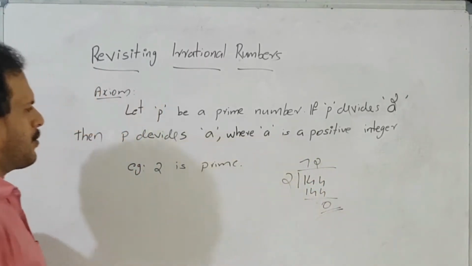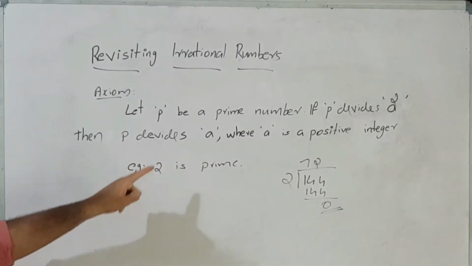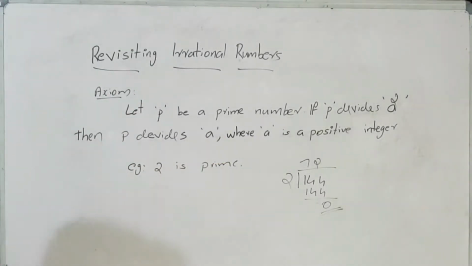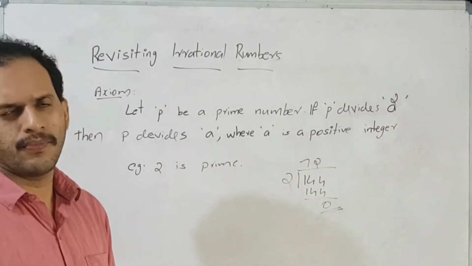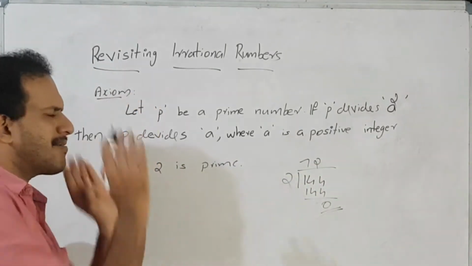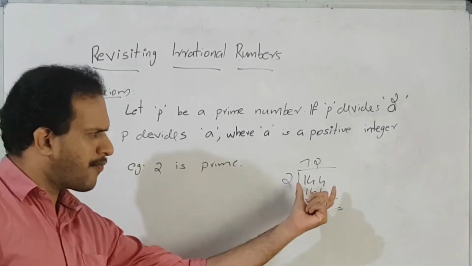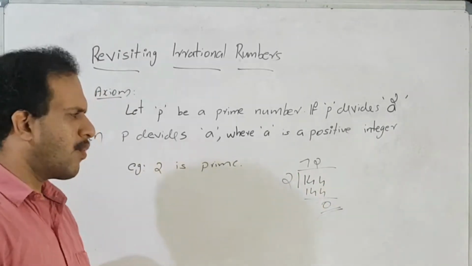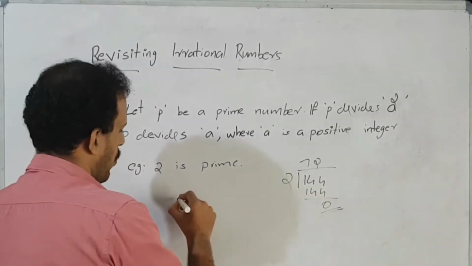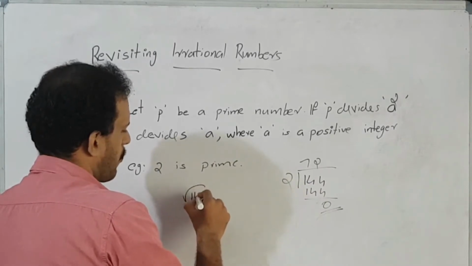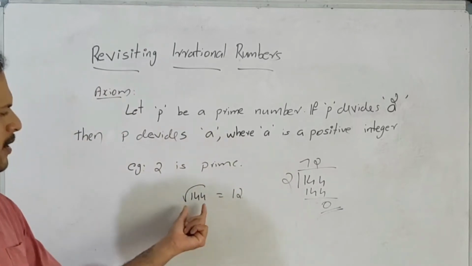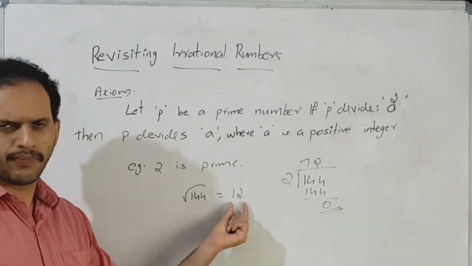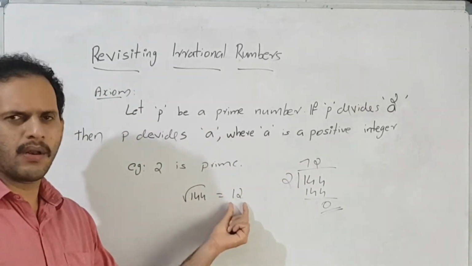So 2 divides the square number 144. We know the square root of 144 is 12, which means 144 is the square of 12.